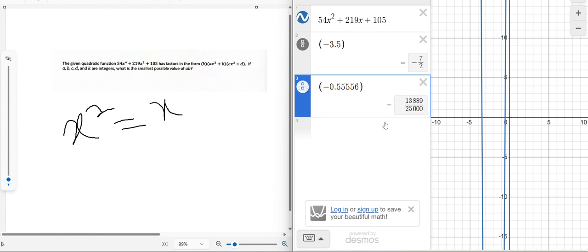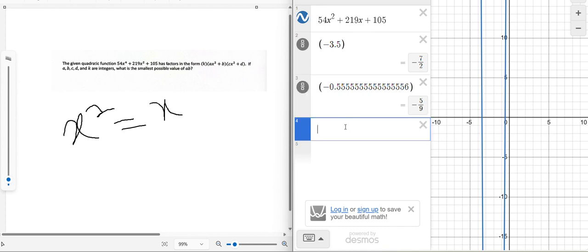And then what we need to do here is, you can see, if you get this type of decimal, you just need to click here, and then as you can see, you will get the proper fraction. Okay, so now as you know that this x value equals -7/2, what we'll do here is 2x plus 7 equals 0.